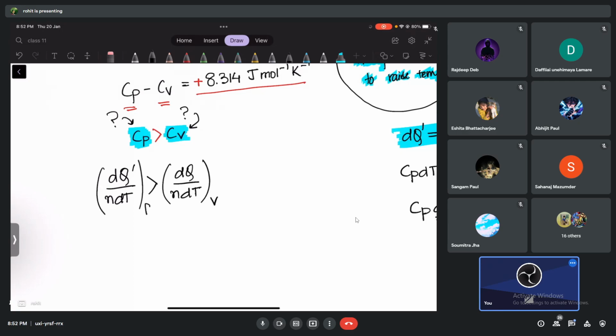What does it mean? To raise the temperature you need energy. By keeping pressure constant you need energy, by keeping volume constant you also need energy. But in which case do you need more energy to raise the temperature?